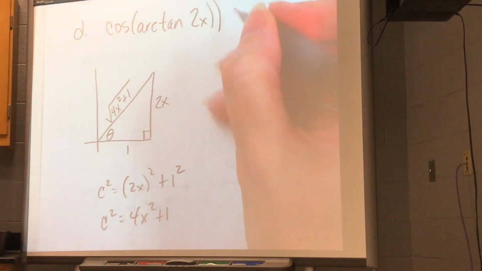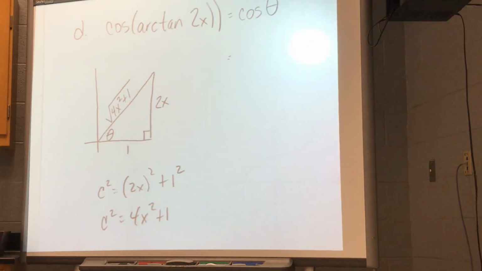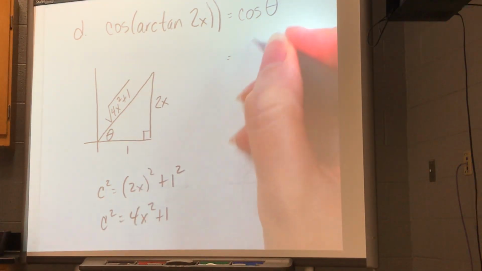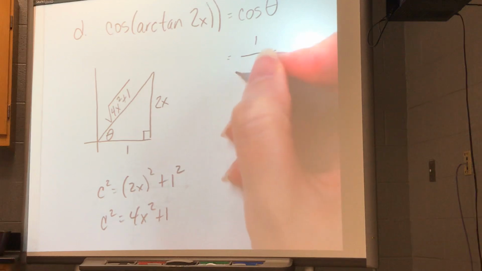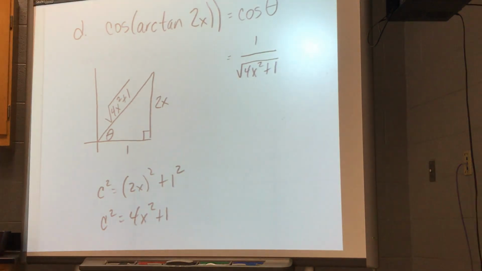All right, so now we're going to find the cosine of theta. All right, so we're just going to do the adjacent over the hypotenuse. Now, if this was an ACT question, I think they would probably leave it like this.